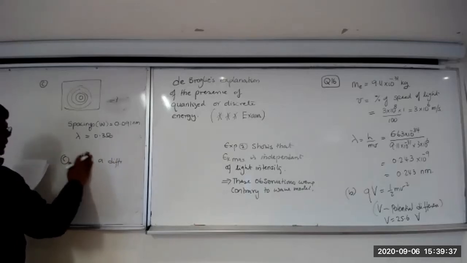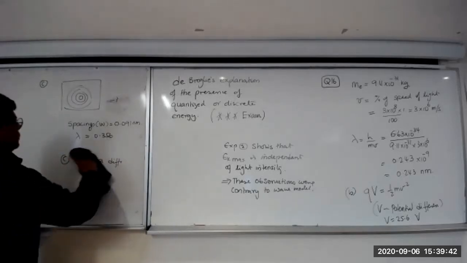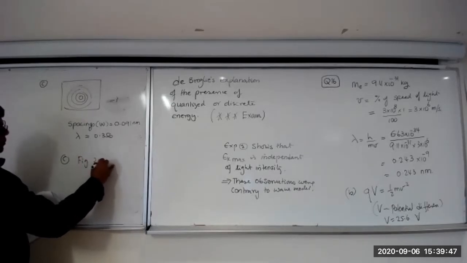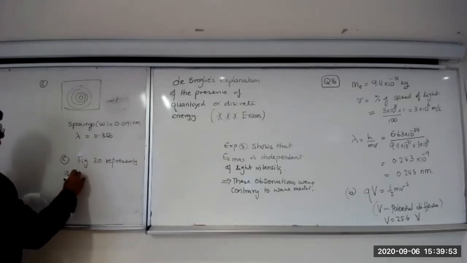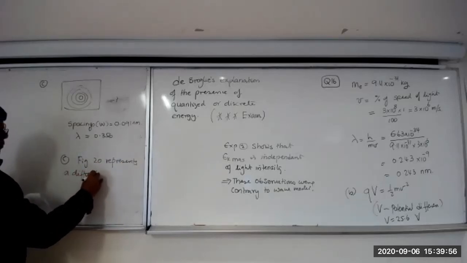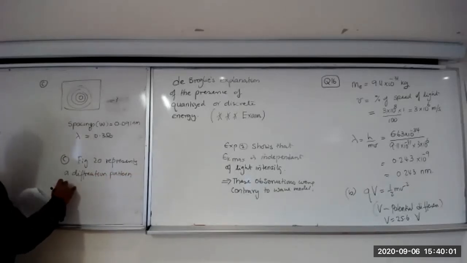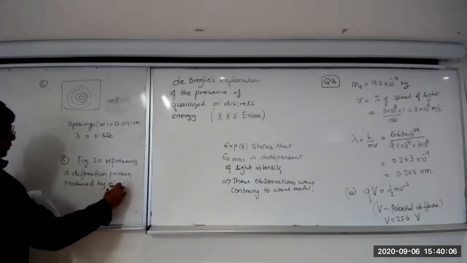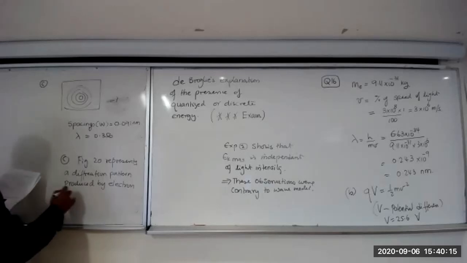The image shows a diffraction pattern, or figure 20 represents a diffraction pattern produced by electron scattering through a metal target.